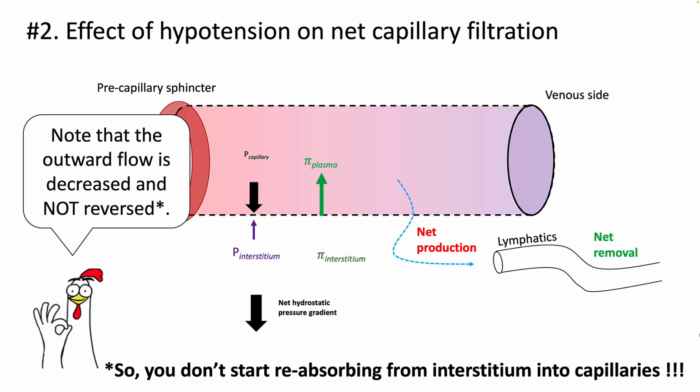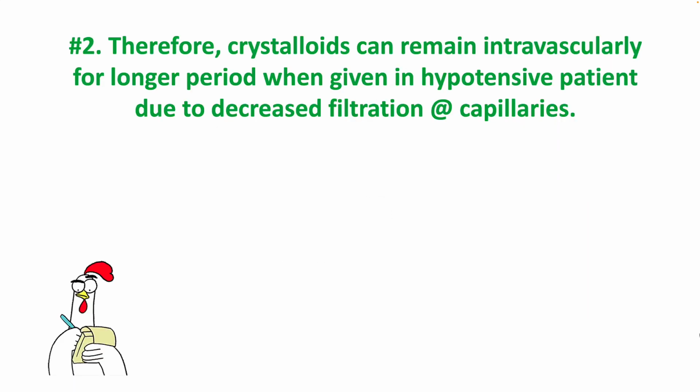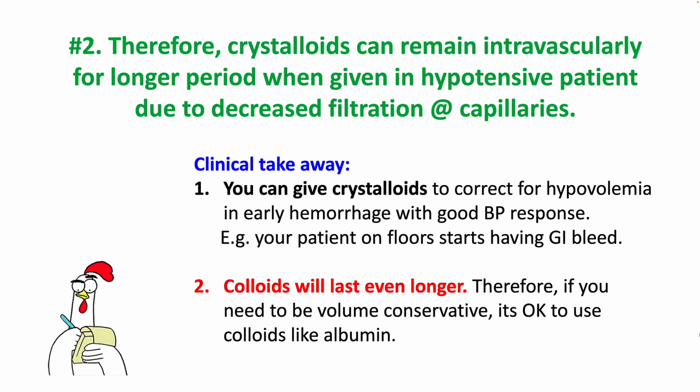One of the things to note is that the outward flow is decreased and not reversed, as we learned in our modified Starling principles. This is a diagram which compares your mean arterial pressure to net filtration, and you can see that net filtration drops as your mean arterial pressure gets lower. Therefore, the crystalloid can remain intravascularly for a longer period of time when you give these to a hypotensive patient because of decreased filtration in the capillaries.